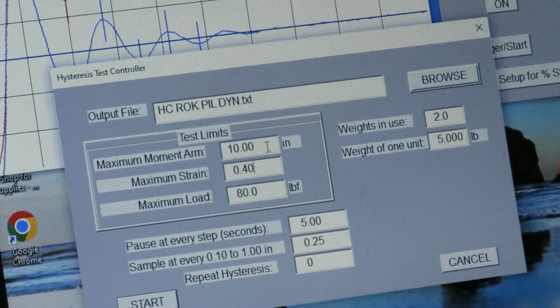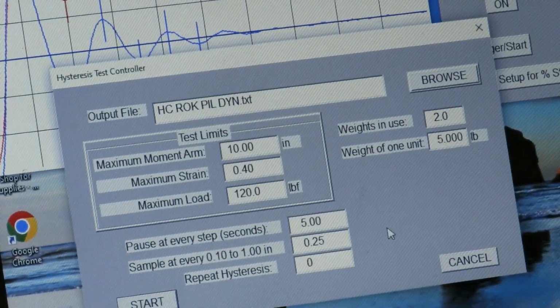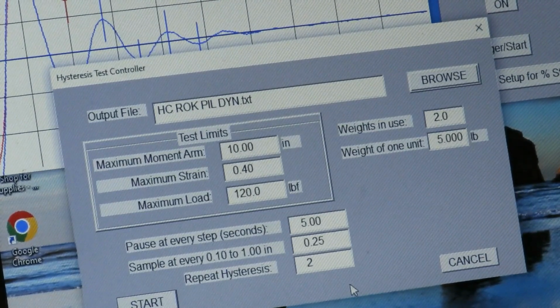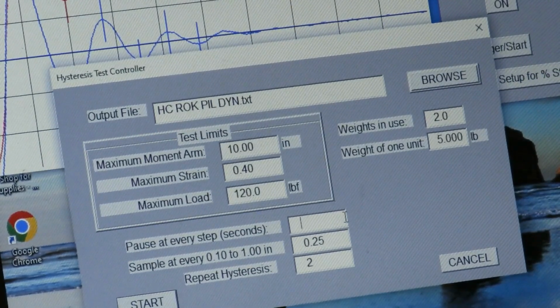Okay, we have the data input which says the maximum moment arm 10 inches, the maximum strain 40%, maximum load 120 pound forces, pause at every step of 5 seconds, sample between 0.1 and 1 inches, in this case quarter inch.